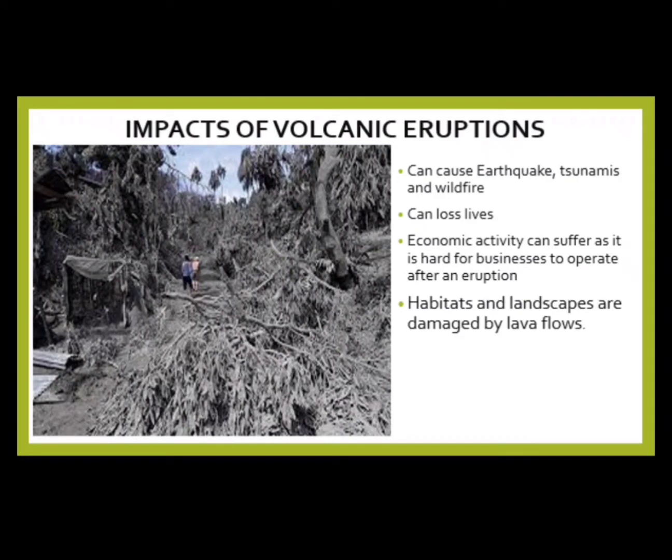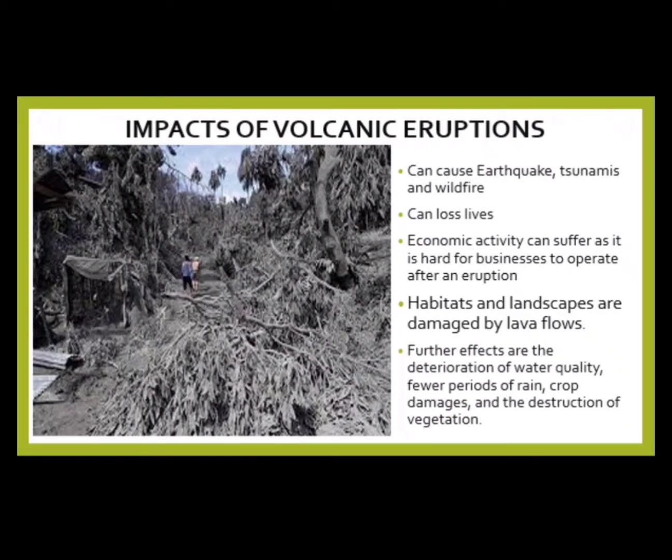Habitats and landscapes are damaged by lava flows. Further effects are the deterioration of water quality, fewer periods of rain, crop damage, and the destruction of vegetation.